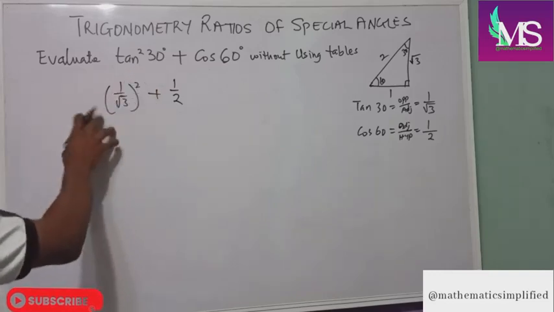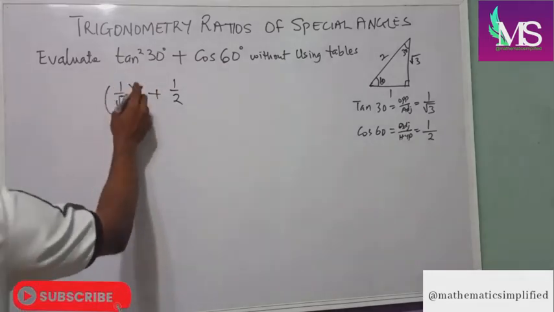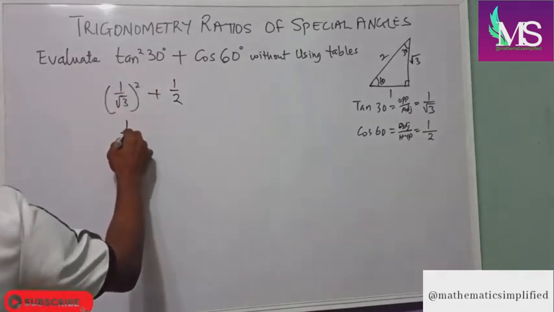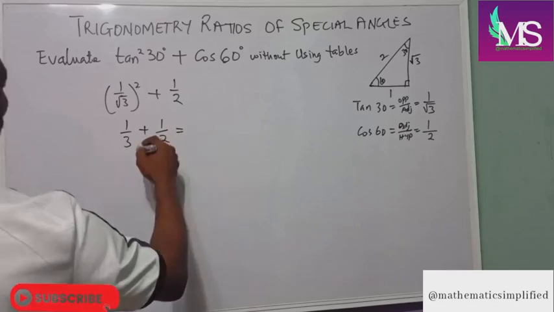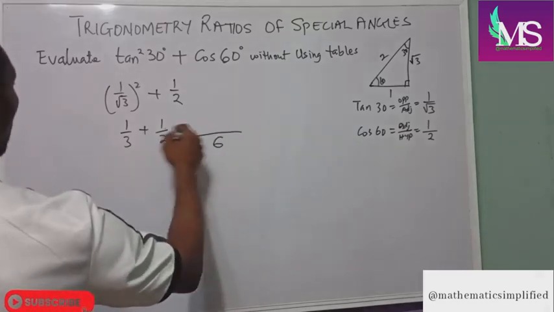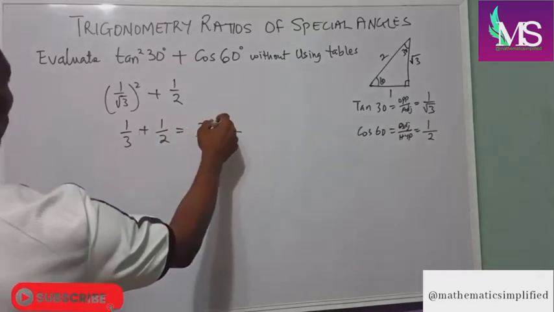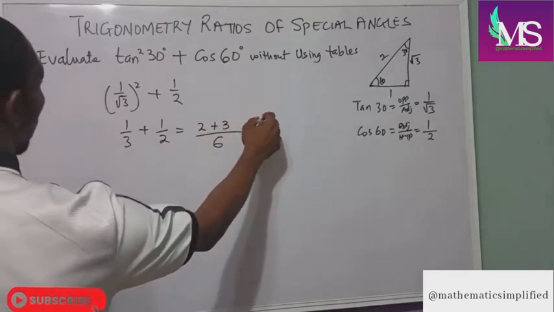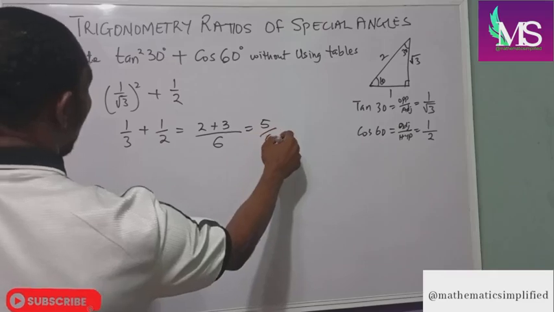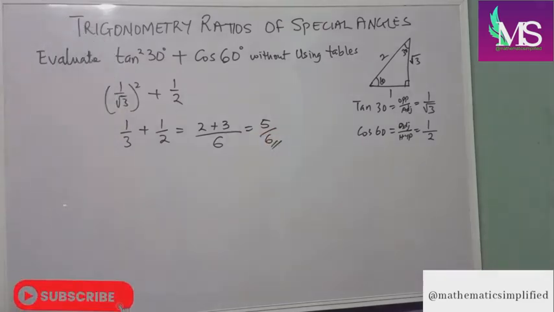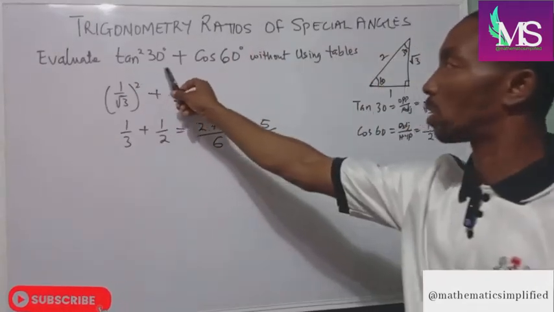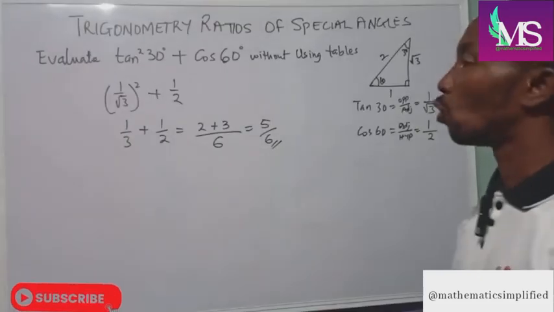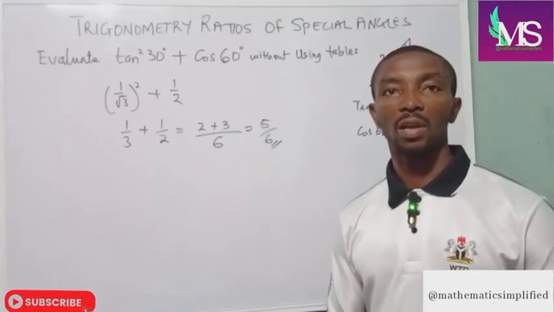Using the square to open up this bracket, this becomes 1 over 3 plus 1 over 2. The LCM will be 6, 2 plus 3, which gives us 5 over 6 as our answer. So the value of tan squared 30 plus cos 60 will be 5 over 6.